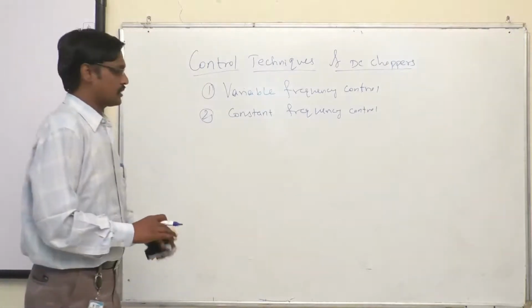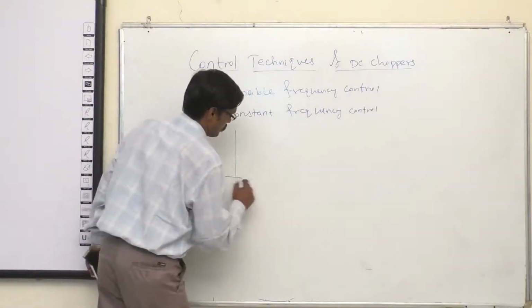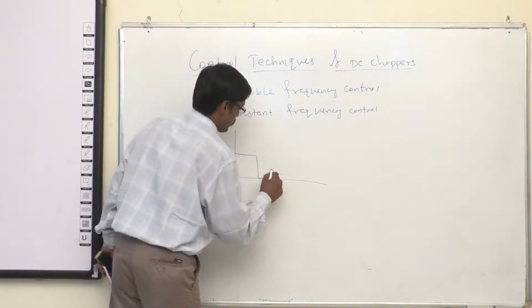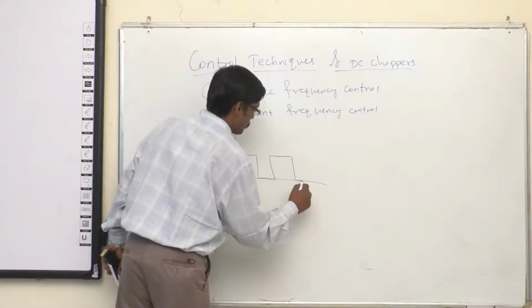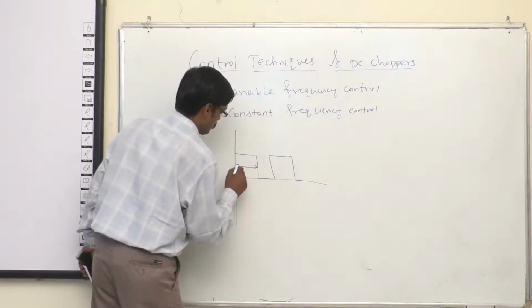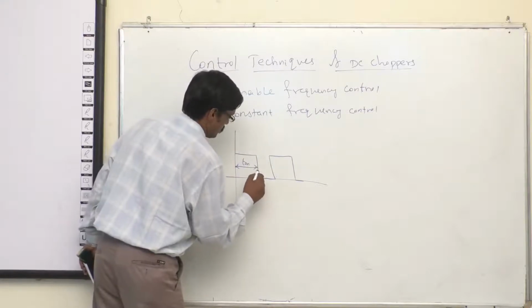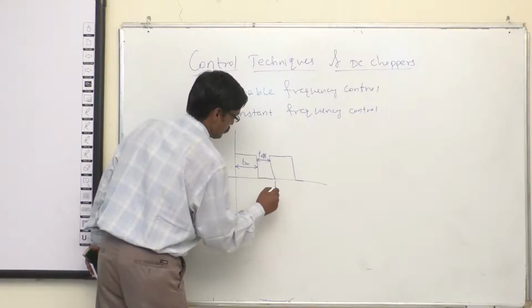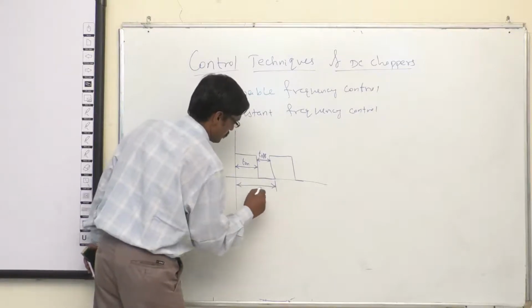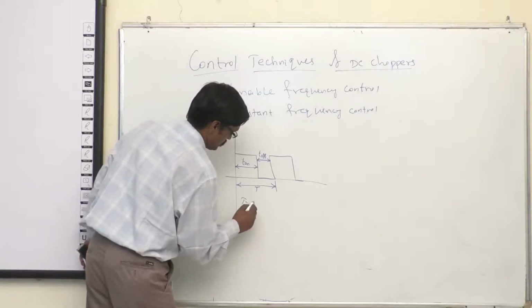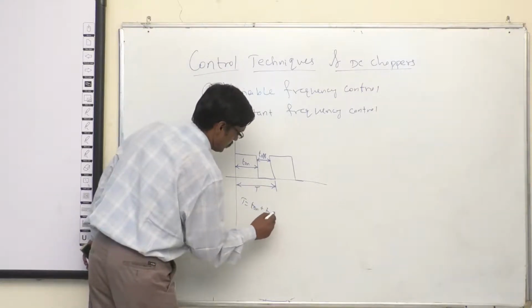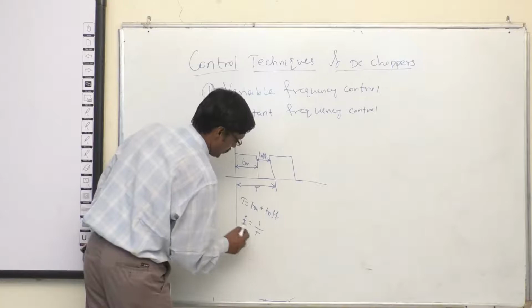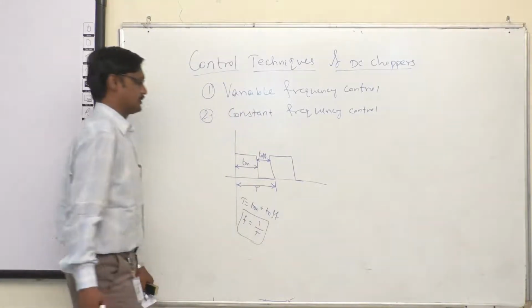In variable frequency control, the control signal to the power switch is something like this. This is your T on, this is your T off, and this is your T. T equals T on plus T off and F equals 1 by T, where F is the switching frequency.